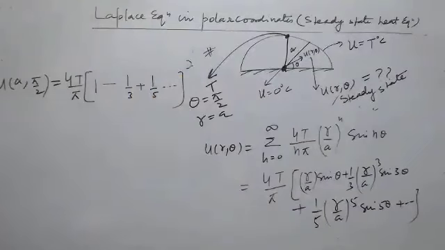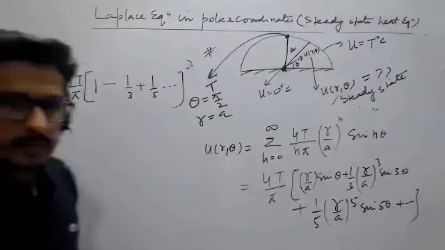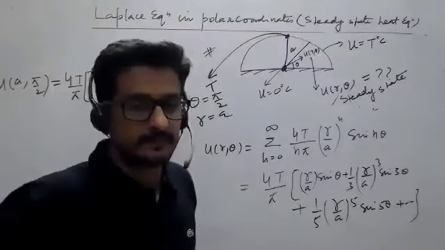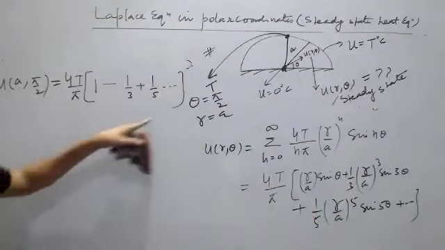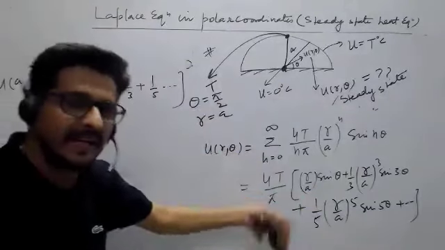Look at it. Is it correct? R is equal to A and theta is equal to pi by 2. Tell me. Speak up. Not understood, sir. Arre, put pi by 2 in place of theta.